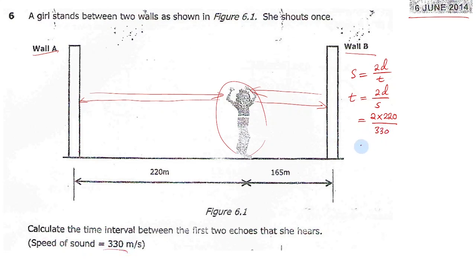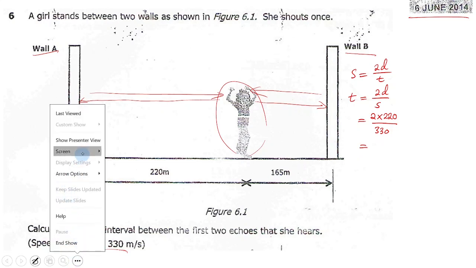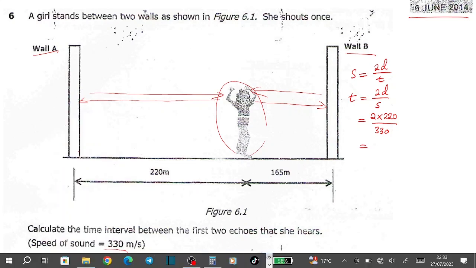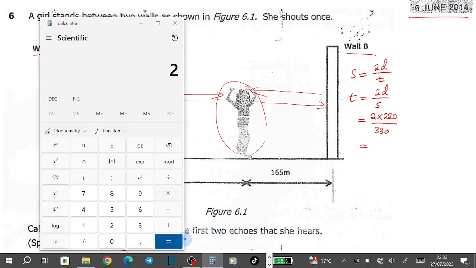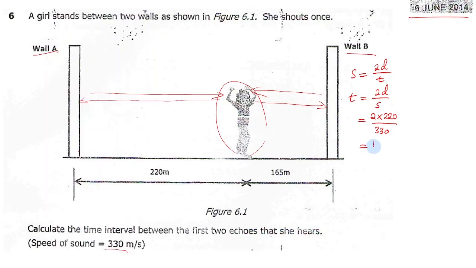So we are saying 2 times 220, it will be 440 divided by 330, it will be like 1.3. So just write 1.3 seconds first as the time for this first instance, time 1.